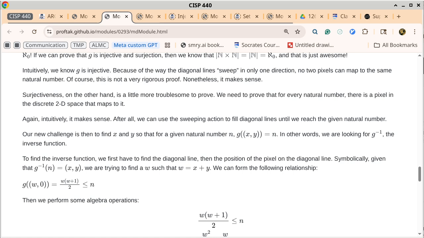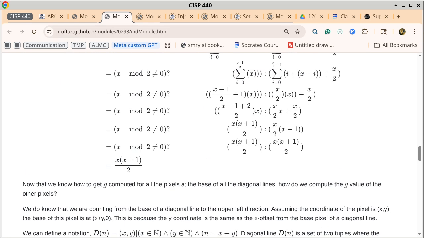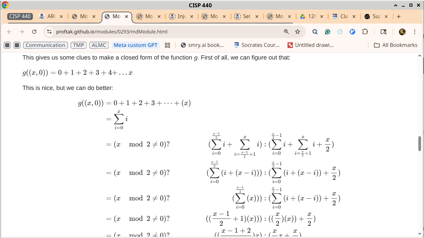Because for every pixel on the same diagonal line, the sum of the x coordinate and the y coordinate should add up to be the same. So based on that observation, we know that g of w, 0 is defined to be w times w plus 1 divided by 2. That was shown earlier when we were working out this part here.